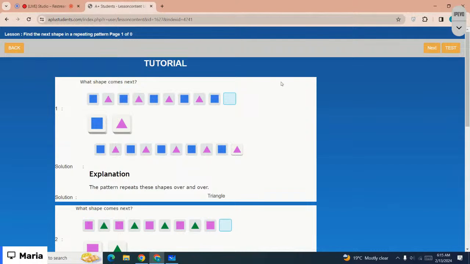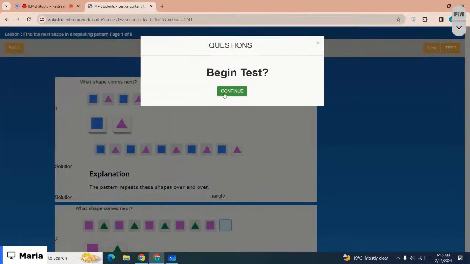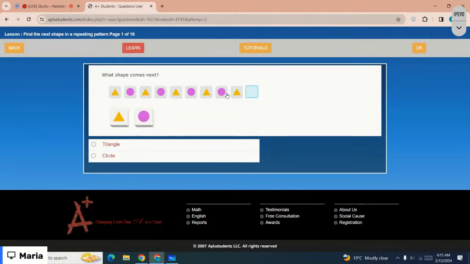Let's just start with the test questions. What shape comes next? So, which is the correct option?